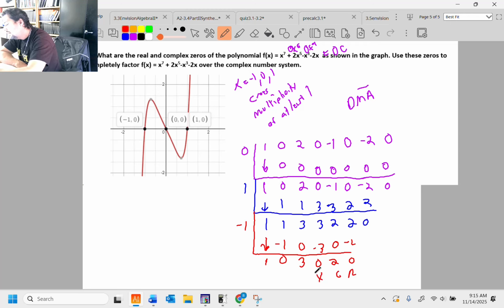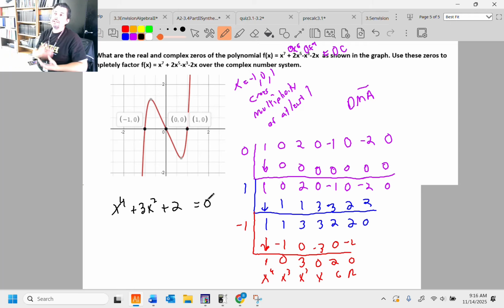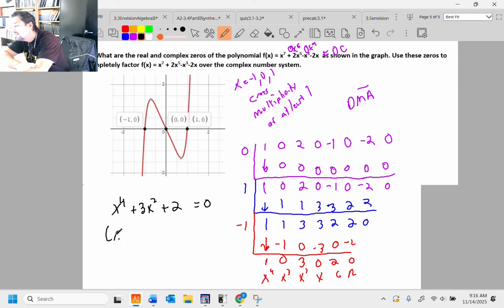Remainder, constant, x squared, x cubed, x to the 4th. Let's see what we have here. We have x to the 4th plus 3x squared plus 2. And there's 4 zeros there. So we're just going to try and invoke the zero product property. Set it equal to 0. Factor. Factoring is freaking awesome. Takes an x squared and an x squared to create an x to the 4th. Factors of 2 are simply 1 and 2.